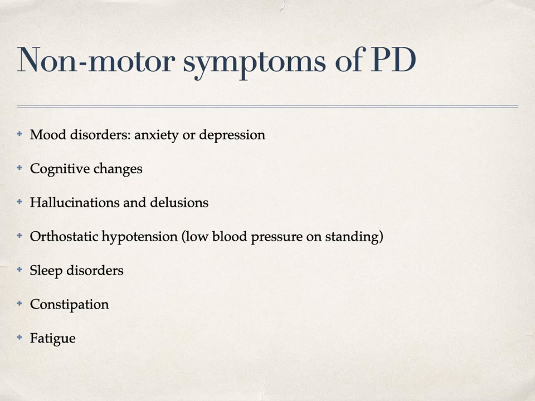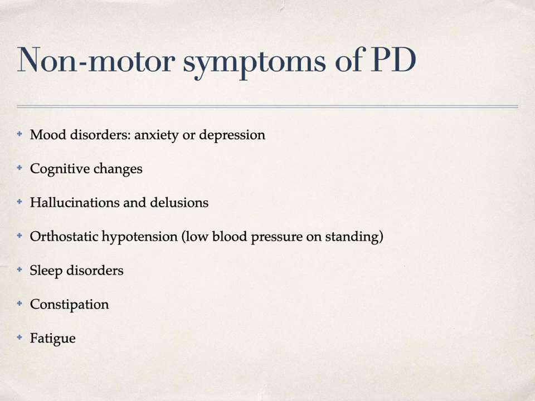Orthostatic hypotension, so this phenomenon of low blood pressure on standing and sometimes leading to syncopal faints, and constipation, which is very common indeed, as well as fatigue and sleep disorders, specifically REM sleep behaviour disorders.